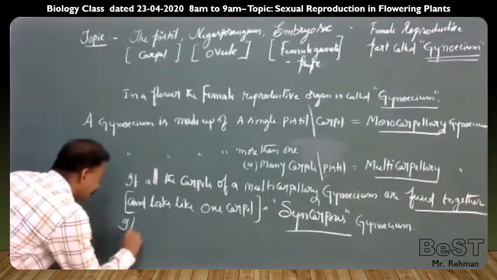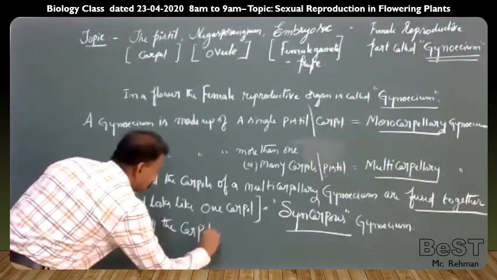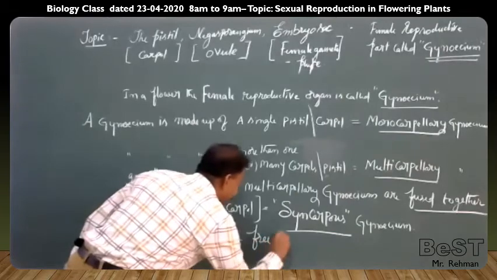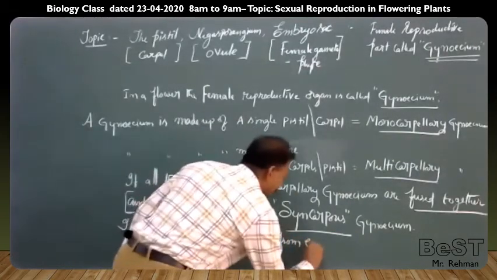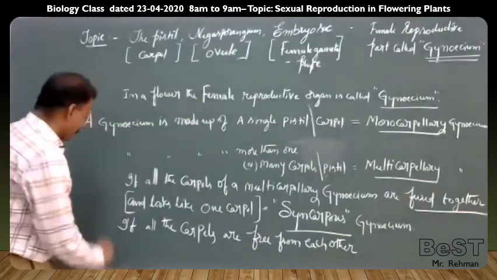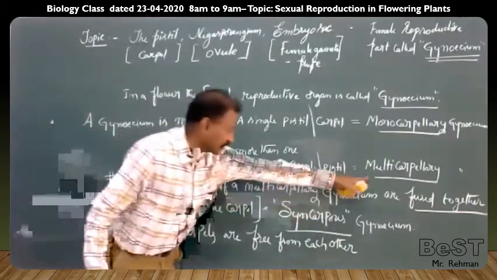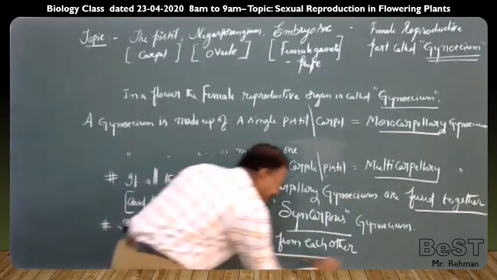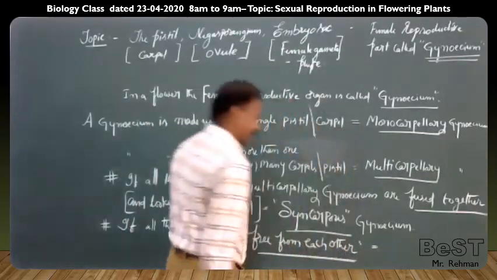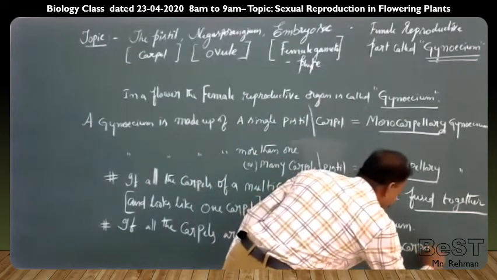If all the carpels of a multicarpellary gynoecium are free from each other, it means they are not fused together, such gynoecium is called apocarpous gynoecium.